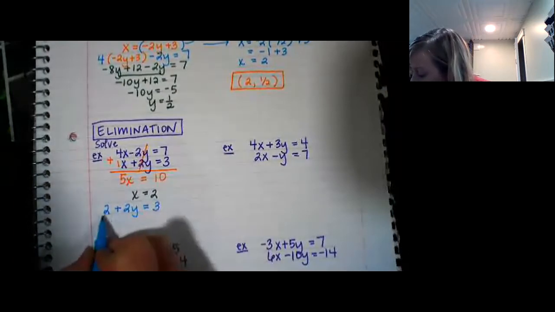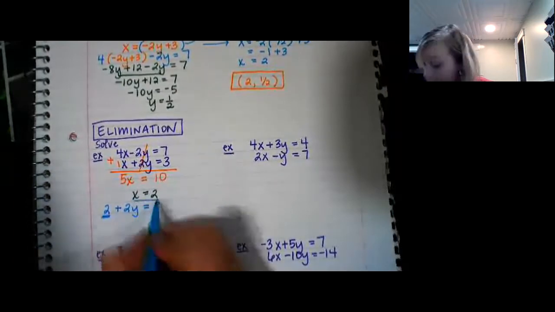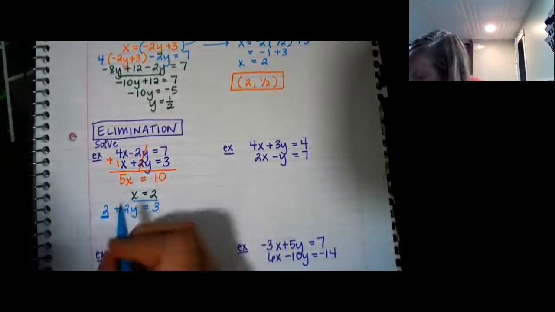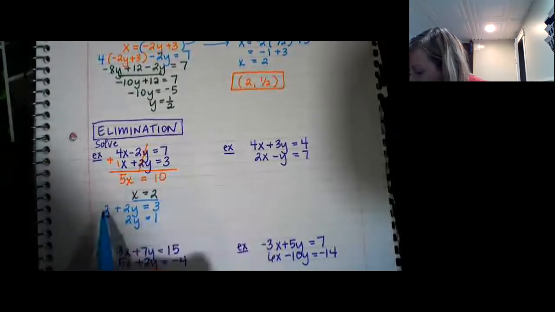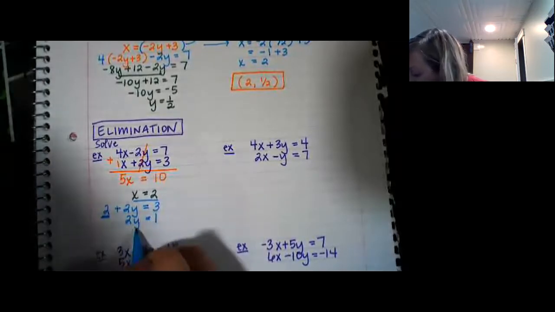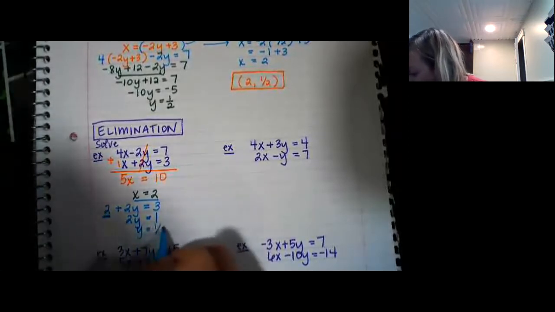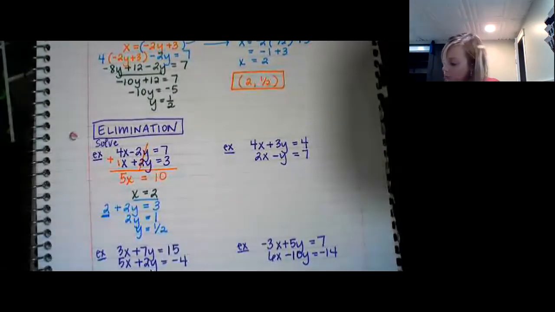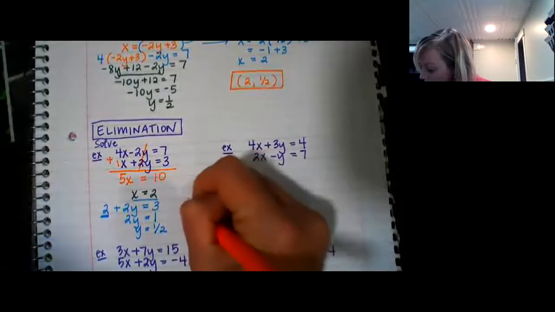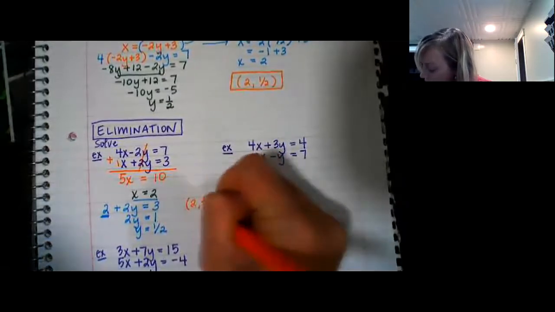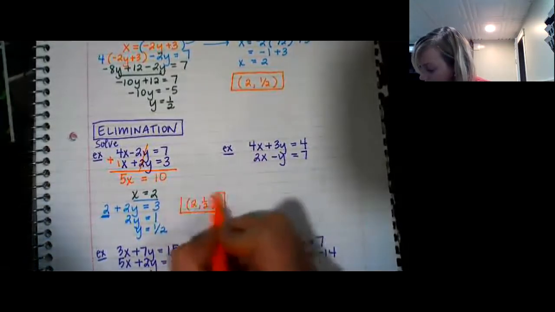So this 2 here is just the 2 from x. So now I have 2y equals 1 when I subtract that 2 over, and y equals 1/2. As you can see, we get the same answer that we did previously, which is (2, 1/2), just a different method of getting there.